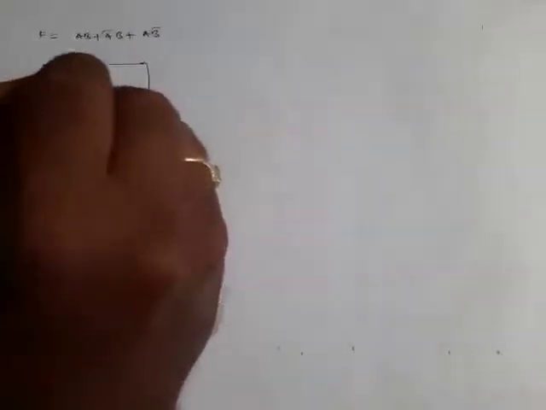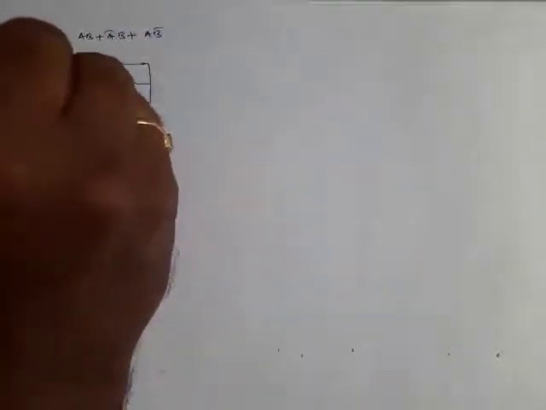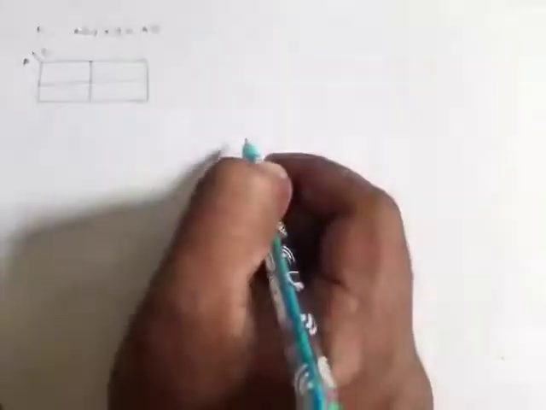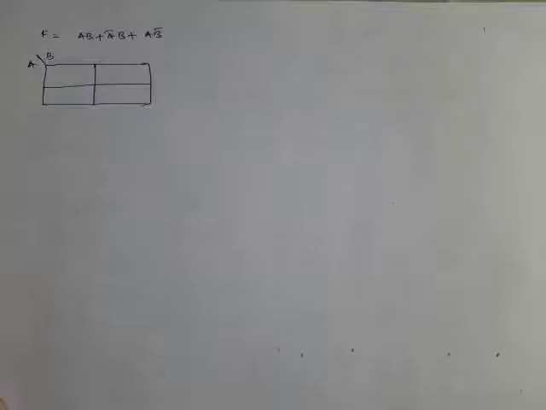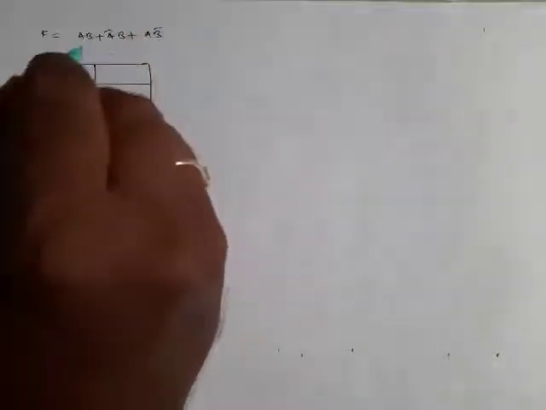Then how to represent this function? First what you have to do is to construct a two variable K-map, so make four squares. And here you can see the minterms the function contains. First one is ab.